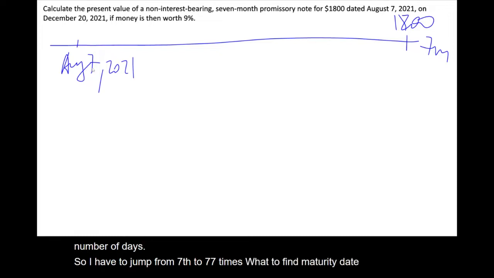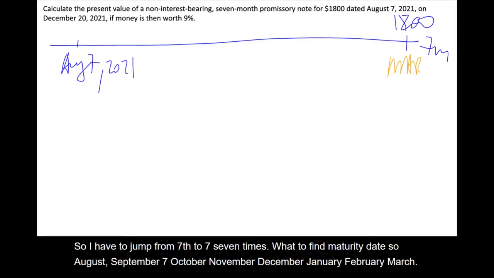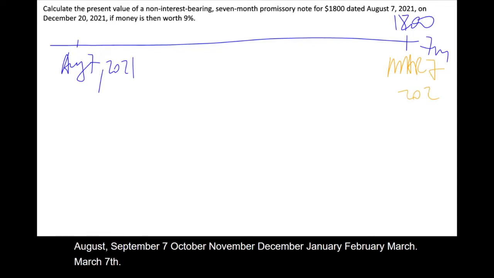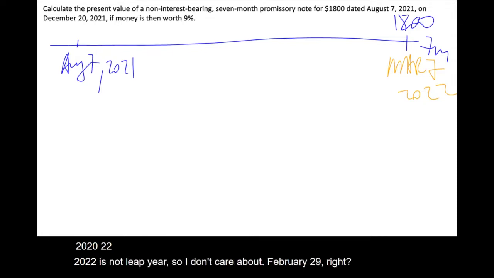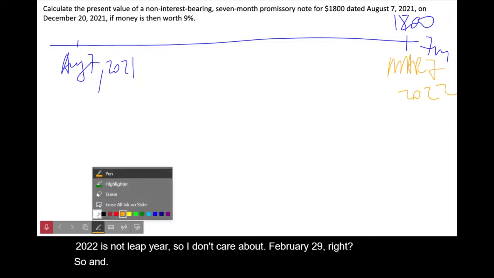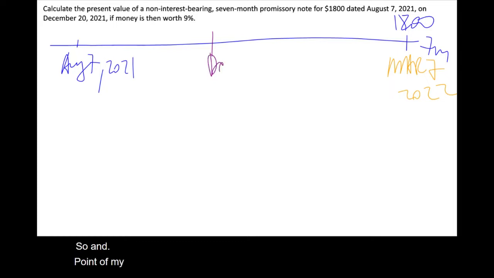So August, September 7, October, November, December, January, February, March 7, 2022. 2022 is not leap year, so I don't care about February 29, right? And point of my interest is December 2021.